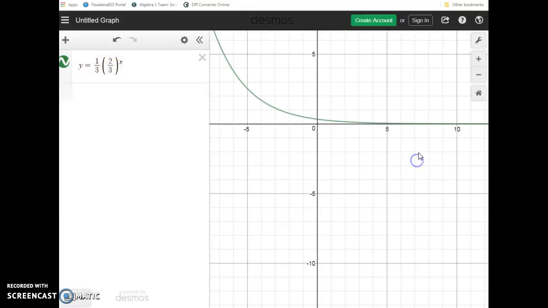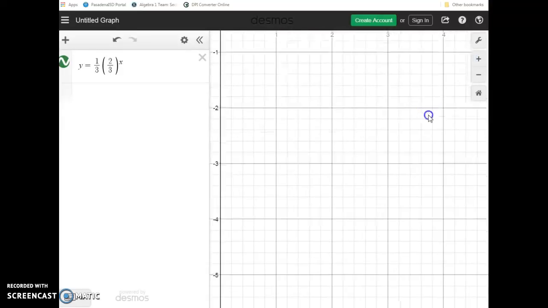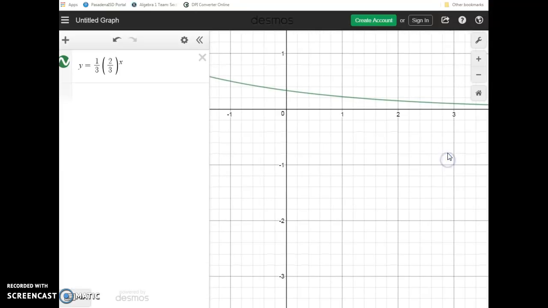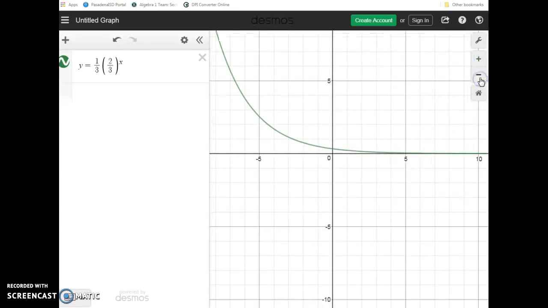And if you want to zoom in so you can look for the asymptote, it's right there at 0. It's right here. This line is the asymptote. The y-intercept, where you touch the y-axis, is at 0, 1/3. That's the y-intercept.